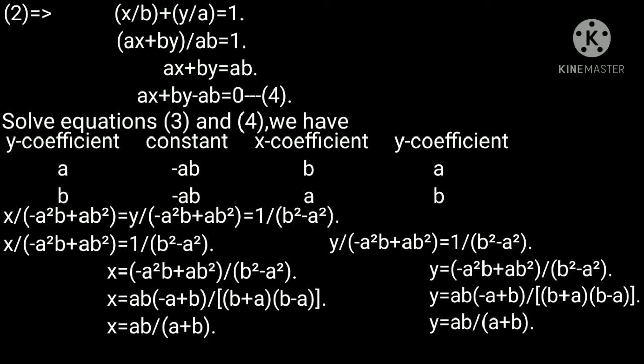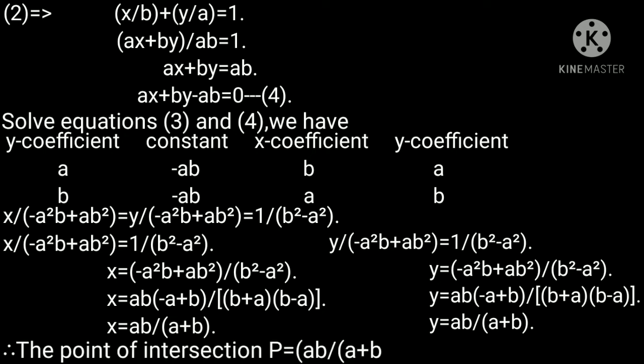Then y = ab(-a + b)/((b + a)(b - a)). Cancel the (b - a) terms, then y = ab/(a + b). Therefore, the point of intersection P = (ab/(a + b), ab/(a + b)).